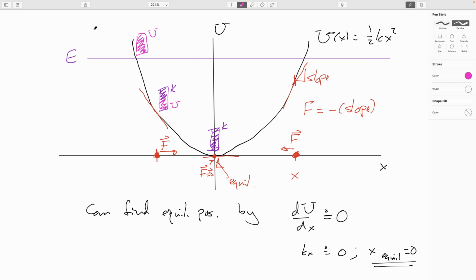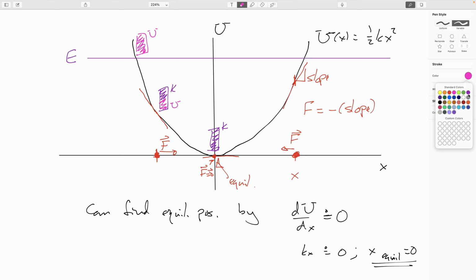And I can't go any further to the left in this example, because if I did, my potential energy would be greater than my total mechanical energy. In order to keep the total mechanical energy constant by conservation of energy, that would force the kinetic energy to go negative, which it can't do because it's 1/2 mv squared, and all those numbers are guaranteed to be positive.